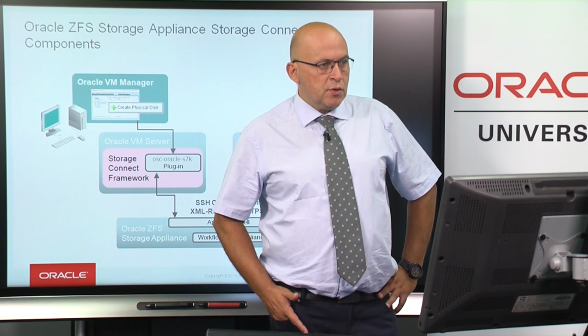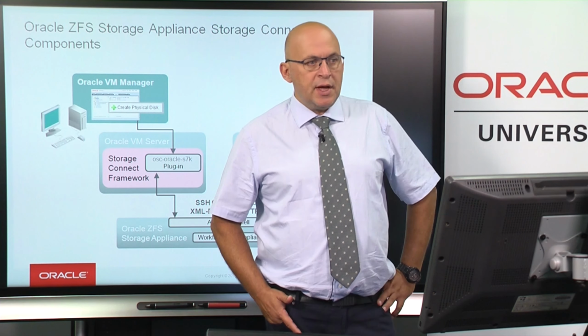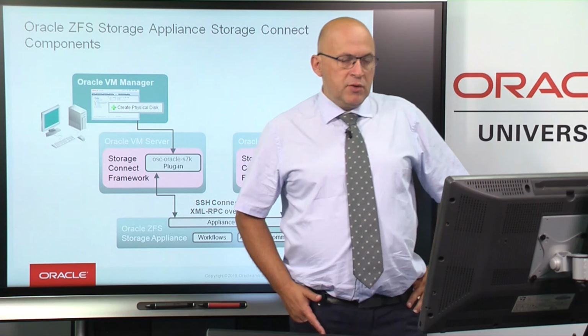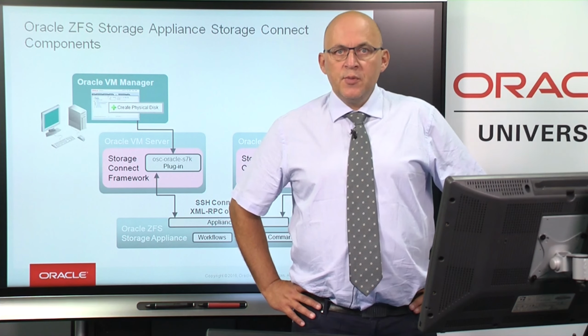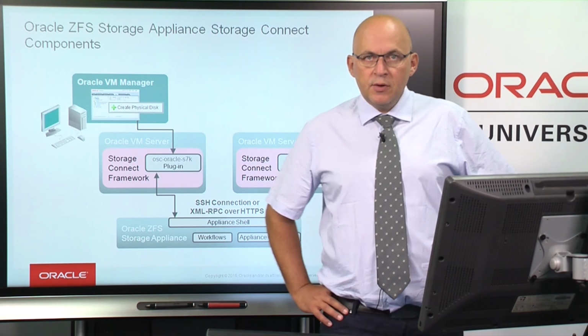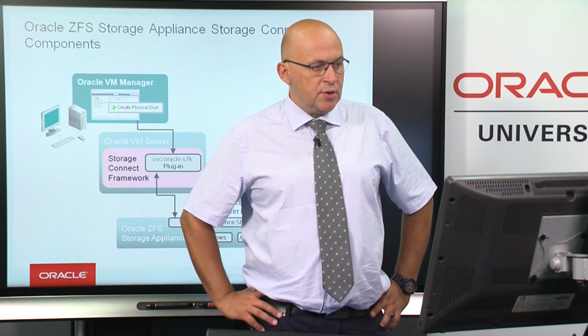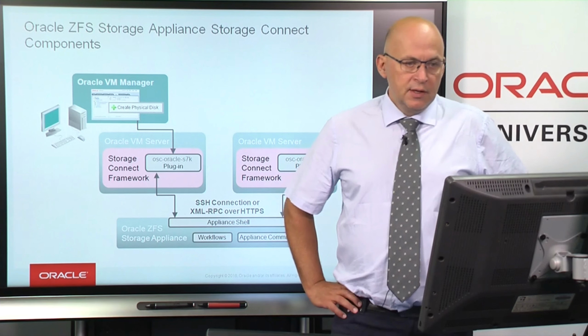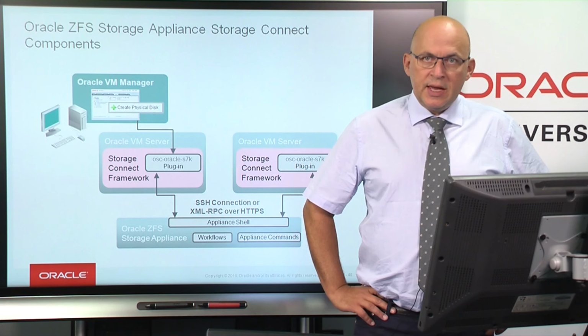If we wanted to work with the Oracle ZFS storage appliance by using the Oracle Storage Connect framework and the specific libraries, then you have to download from the Oracle side, OTN, the OSC Oracle S7K plugin, which is actually a library.